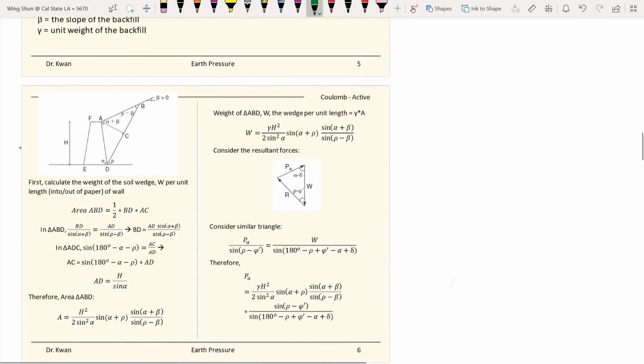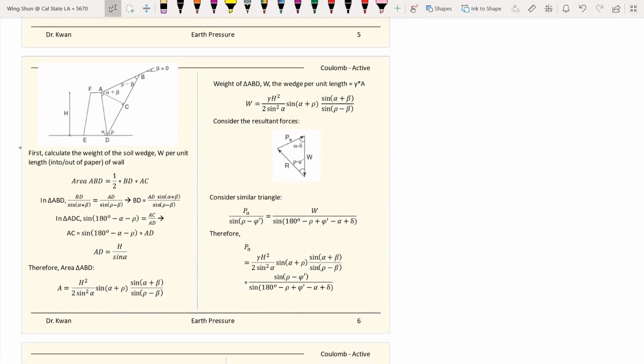And what he did a couple of hundred years ago is try to solve for the resultant force felt by the retaining wall.